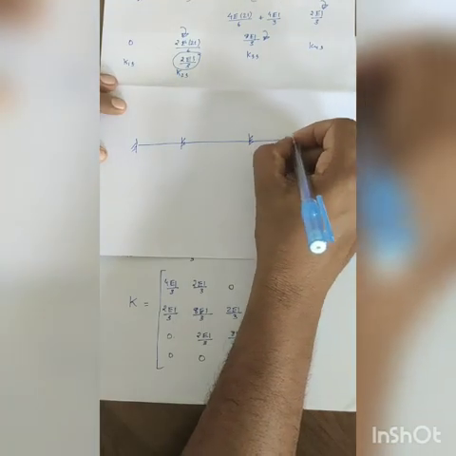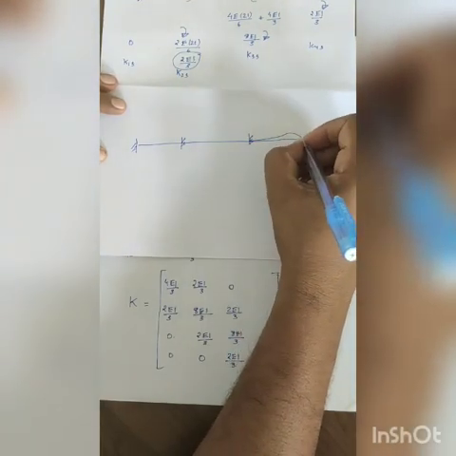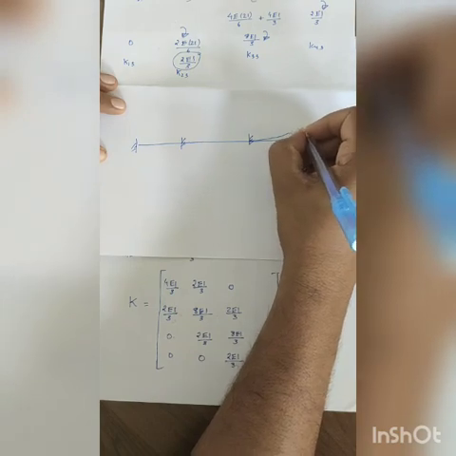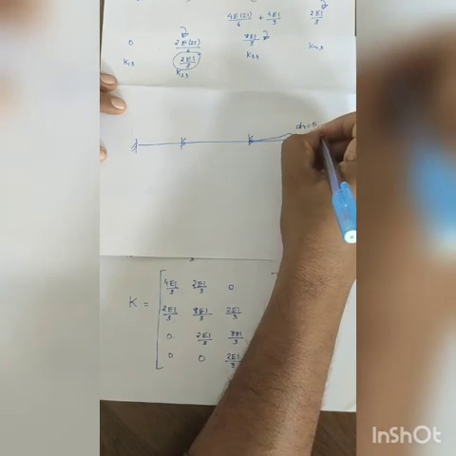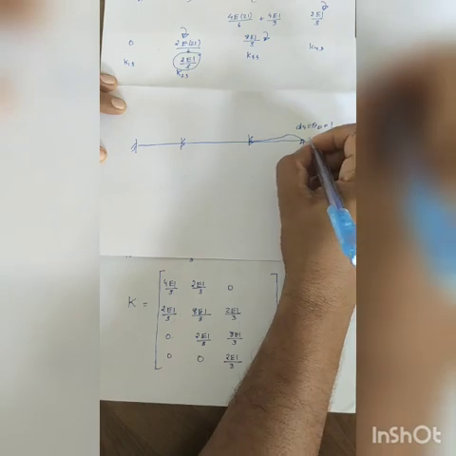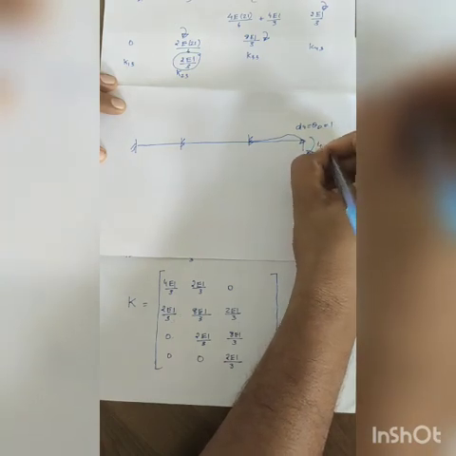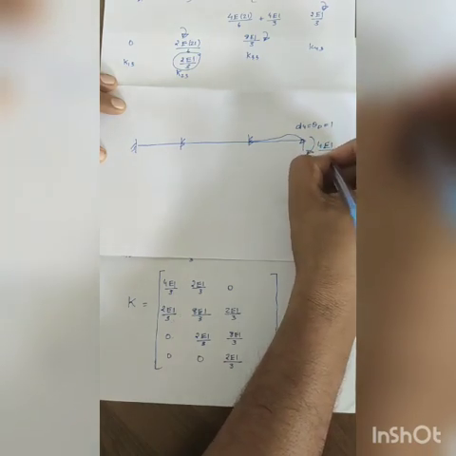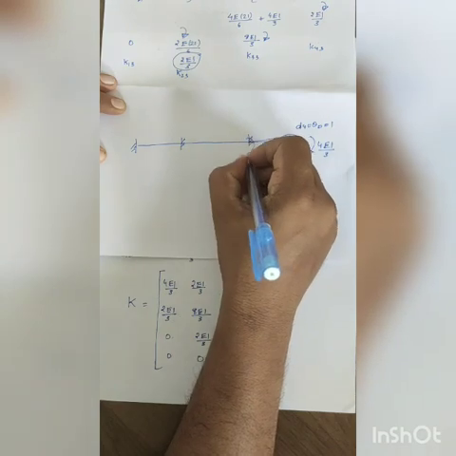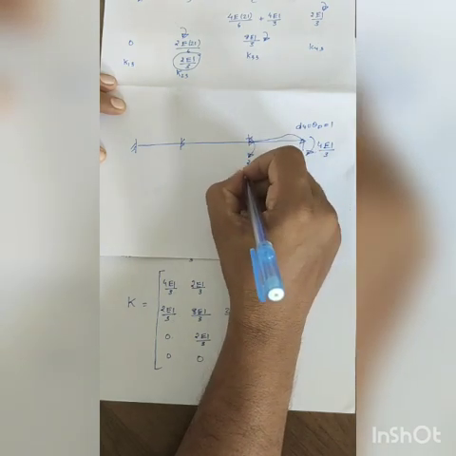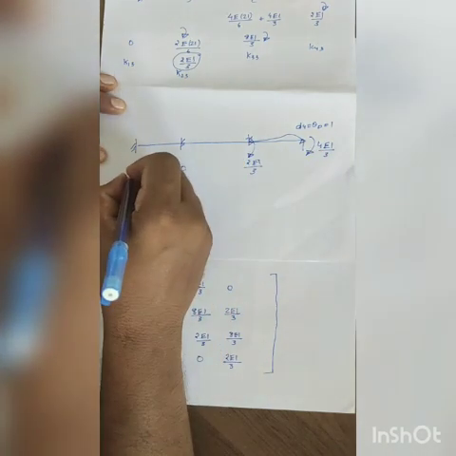I am applying a unit rotation at the fourth location, that is D4 or theta D equal to unit rotation. The moment generated here is 4EI by L, with L as 3 meter, and the moment transferred here will be 2EI by 3. Here it will be 0 and 0.